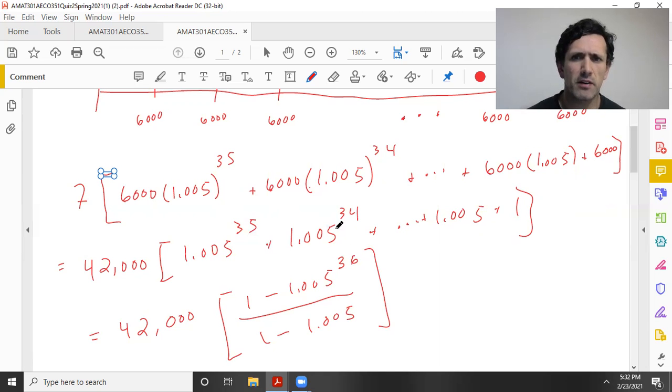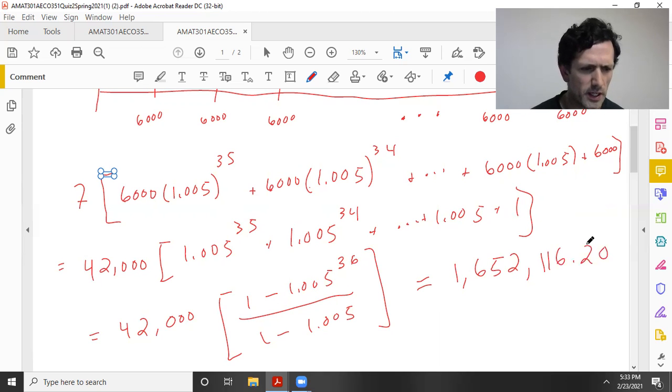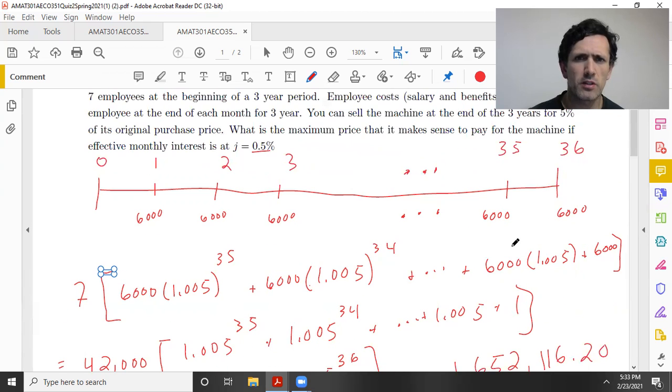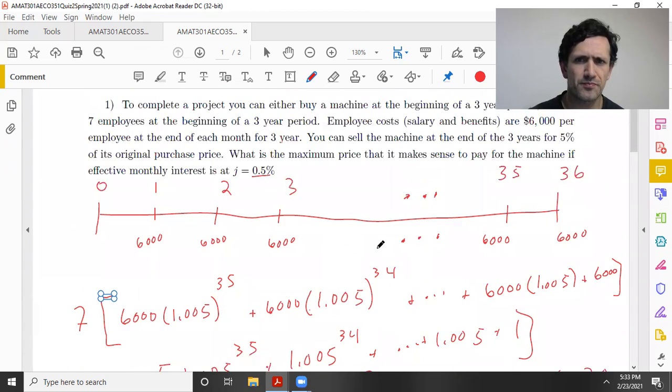This isn't exactly the form you want for a finite geometric series formula, but inside this bracket you get 39.33610. Multiply this out and you get 1,652,116.20. So this is for the employees.